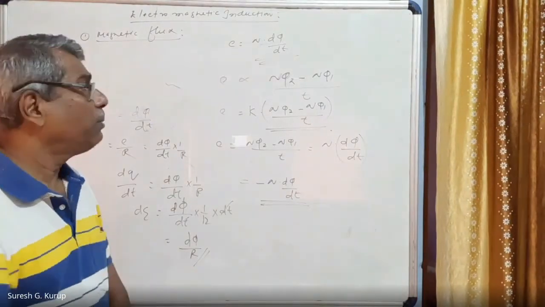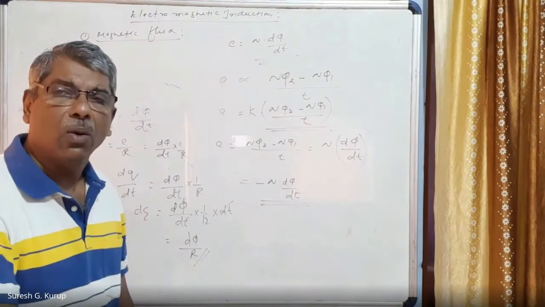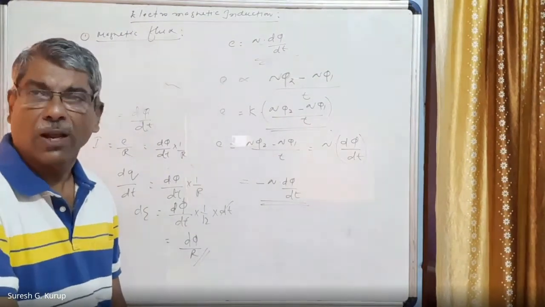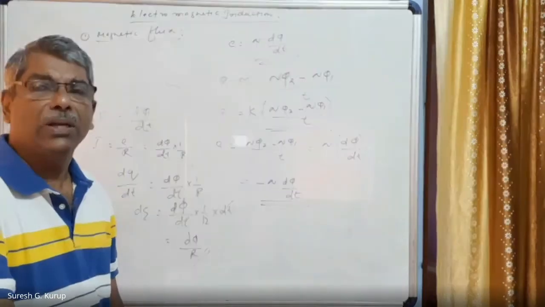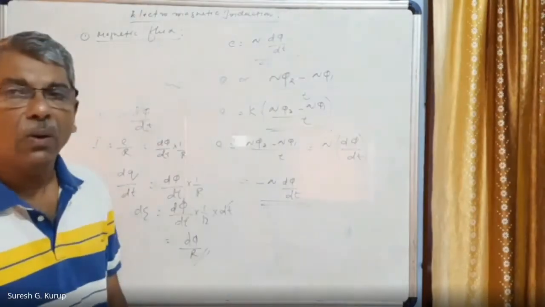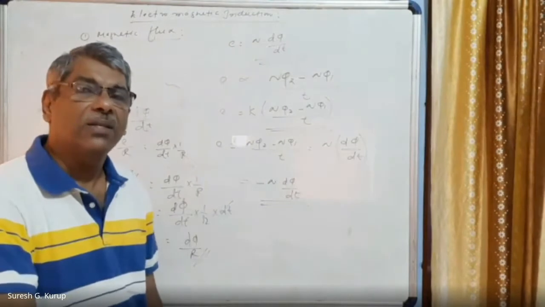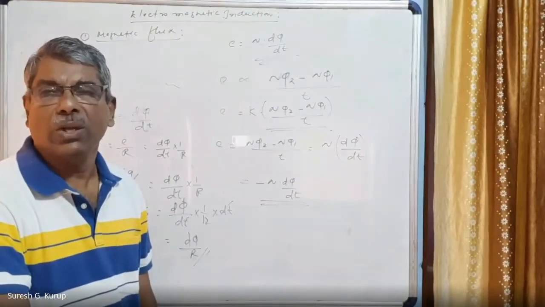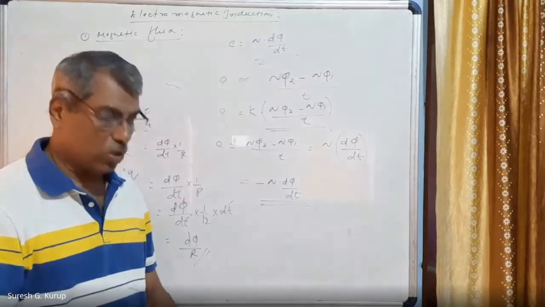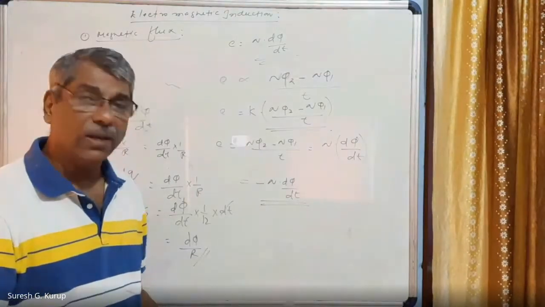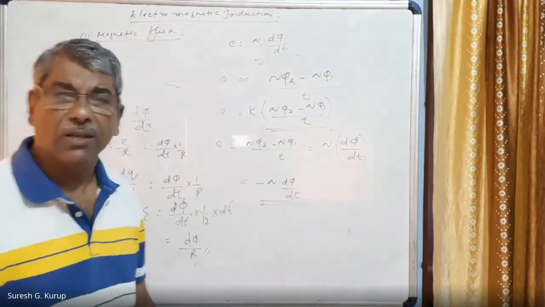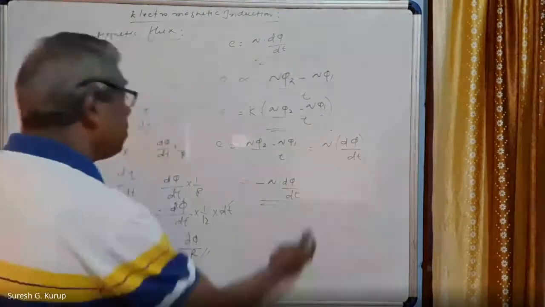If both the magnet and the coil are stationary, then no EMF is induced in the coil, because when there is no relative motion between the coil and the magnet, the flux change is not taking place. So for EMF to be induced in the coil, what is necessary? There must be a change in flux, right?